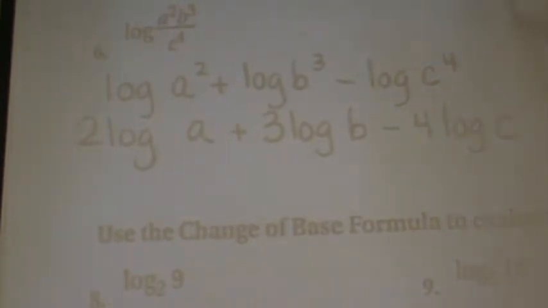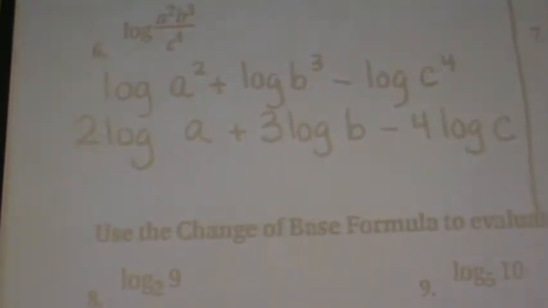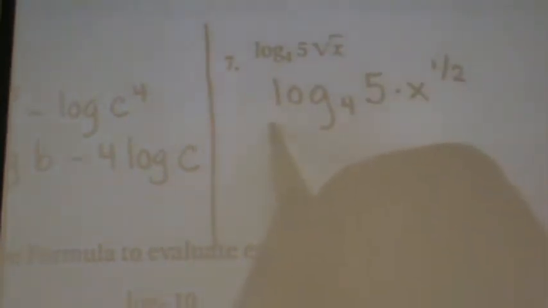Now number 7. How can we write the square root of x using one of the 3 properties that we just did? X to the 1/2 power. Yep, x to the 1/2 power. So this is a product right here.